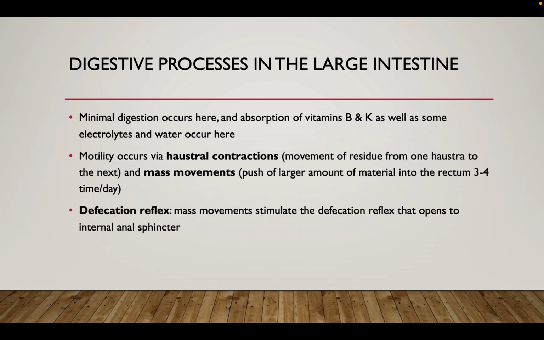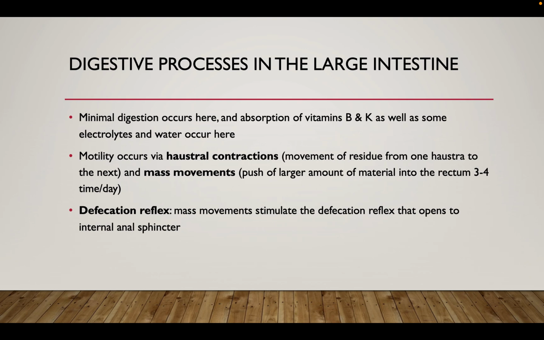So, as we are moving things within the large intestine, we have, as we said, a little bit of digestion and absorption occurring here, but not really all that much. So as things are moving, we have these events known as haustral contractions. And what they are is those haustra that we looked at, they will contract and the tinea coli surrounding them will shorten and contract. And this produces mass movements, which are large movements of fecal material along the large intestine.